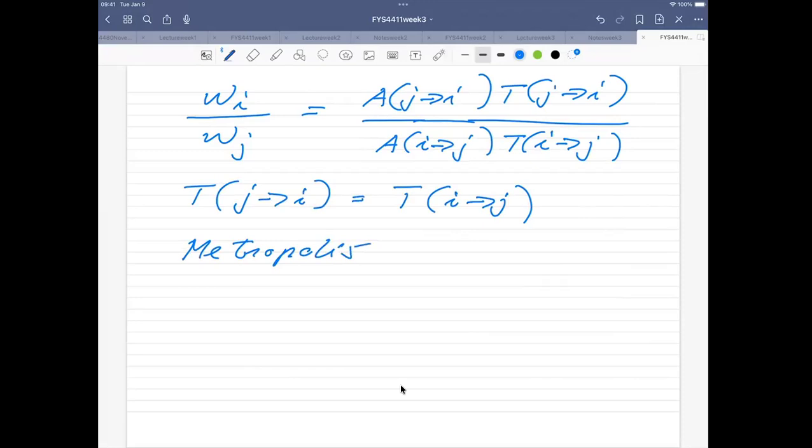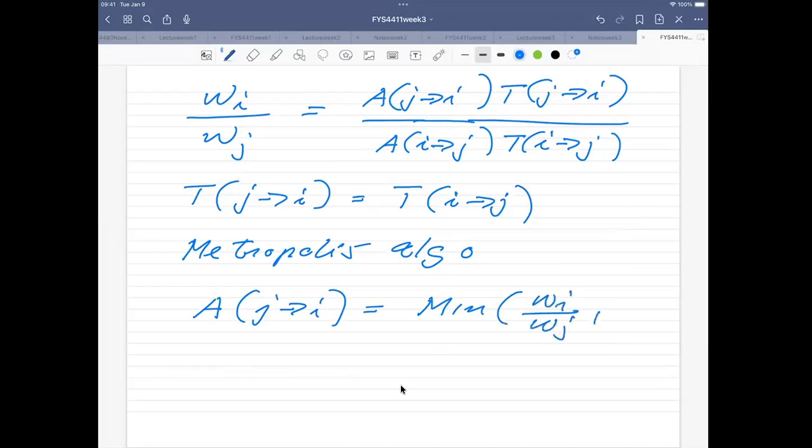Just quickly repeating what we did last week, we got an expression for the transition probability from J to I, which was simply the minimum of the ratio between Wi and Wj, and 1. And that was the basic Metropolis algorithm which we set up last week. Now, what we are going to do is to make a model for this transition probability T.